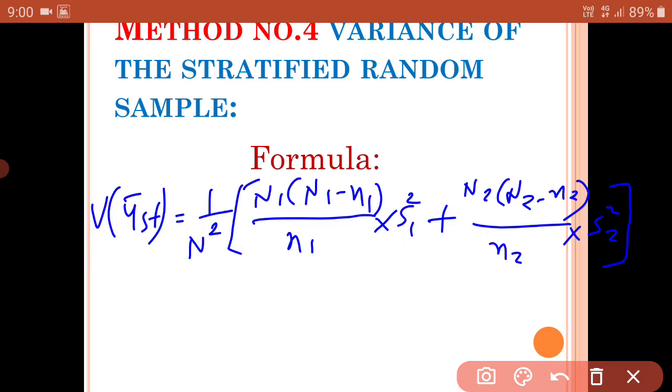This is the formula for the variance of the stratified random sample, and in the examination it is very important.